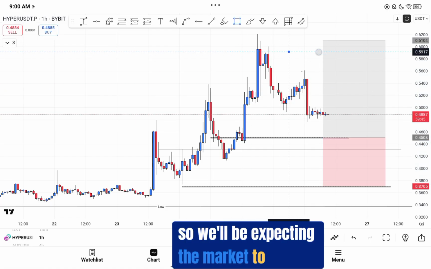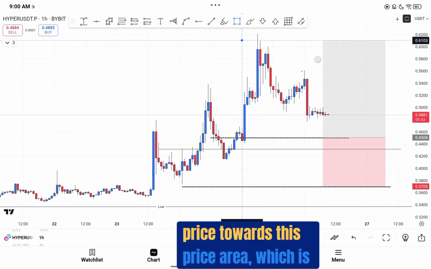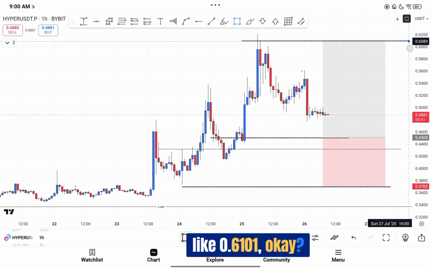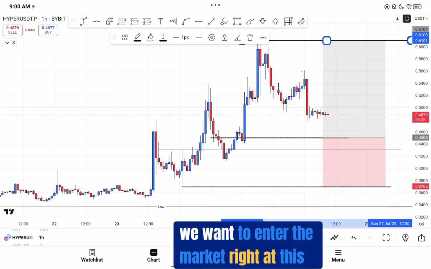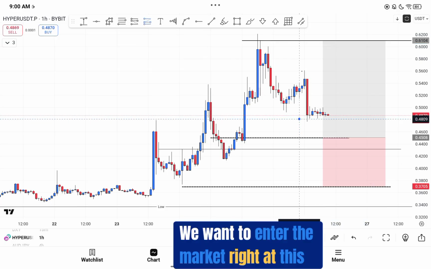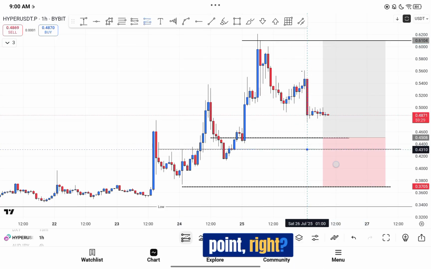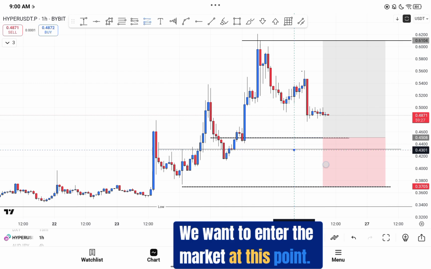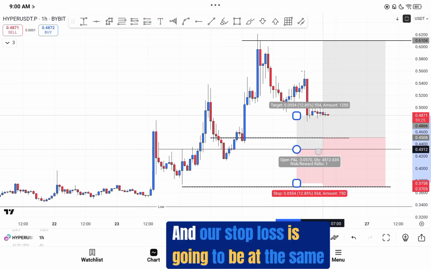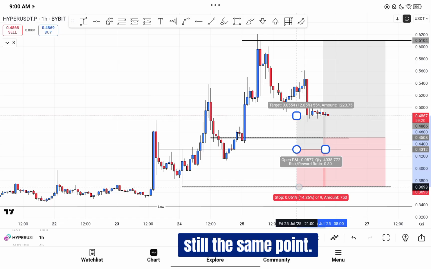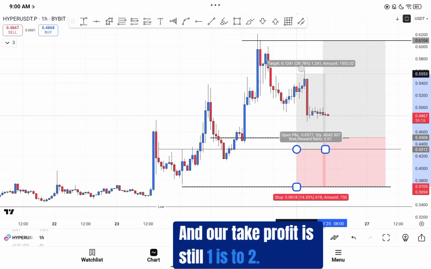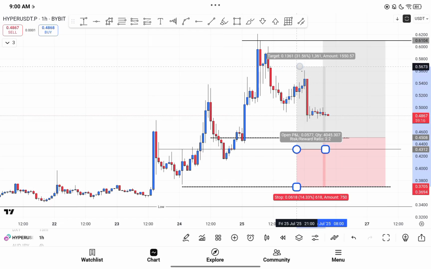So we'll be expecting the market to rise towards this price area, which is like 0.61001. While for the second trade, we want to enter the market right at this point, and our stop loss is still the same point, and our take profit is still 1:2.